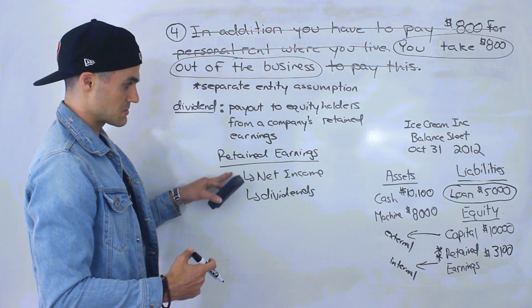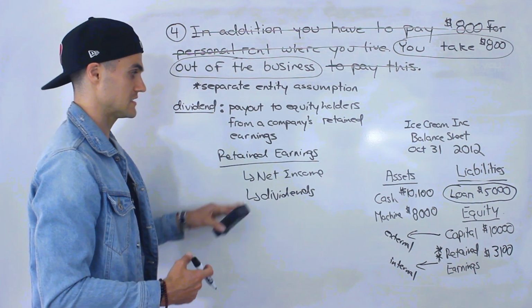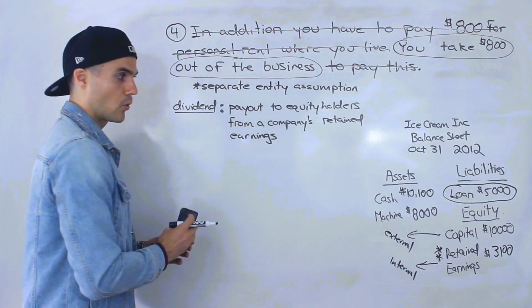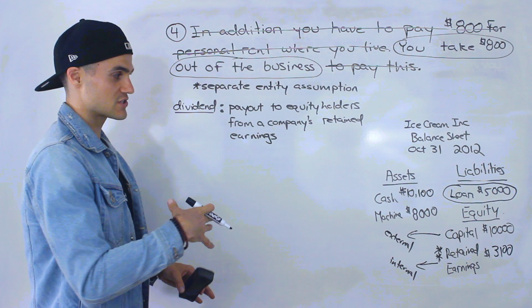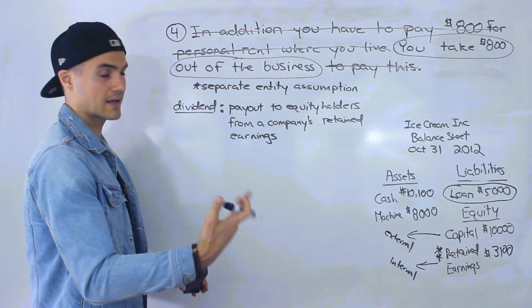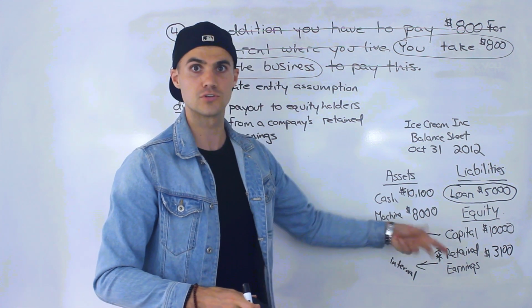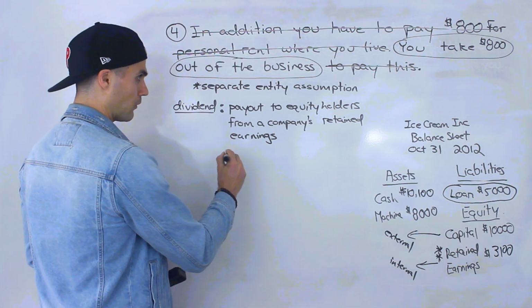And because there are multiple things affecting this retained earnings account, net income and dividends, external users want a more detailed sort of report on it. And so there's actually another financial statement called the Statement of Retained Earnings that shows how this retained earnings account changes. Right? So I'm going to show you how it works.